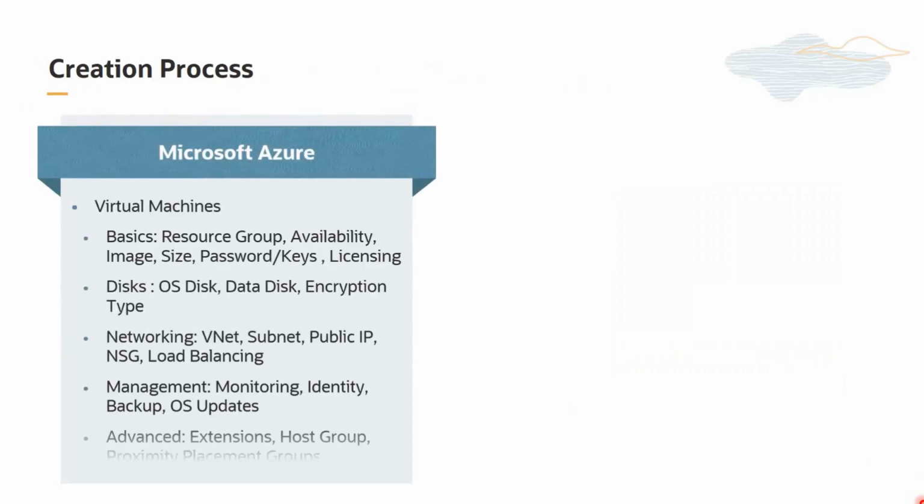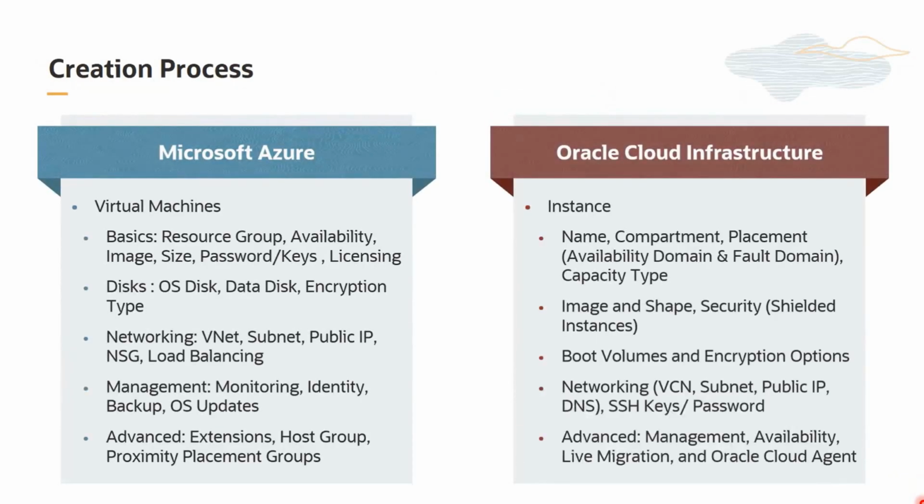The creation process is quite similar on both the cloud service providers. You need to provide details like the name, availability options, image, virtual hardware configuration, networking, storage, and advanced options. Instances on OCI are required to have a boot volume, just like the Azure Virtual Machine operating system disk.